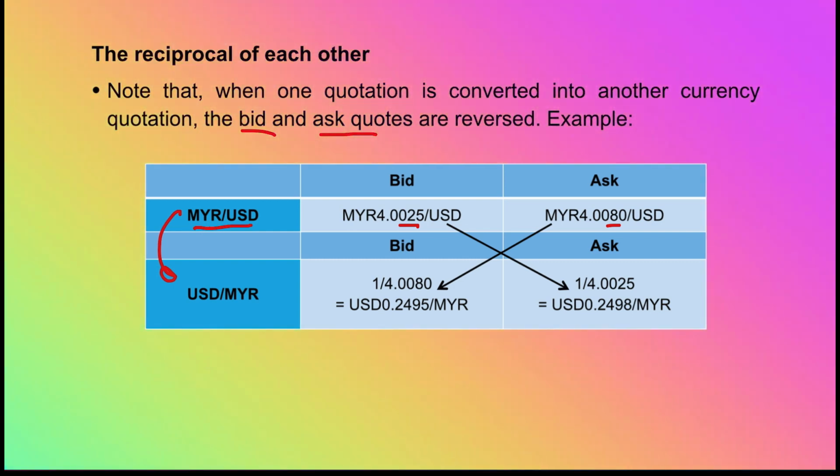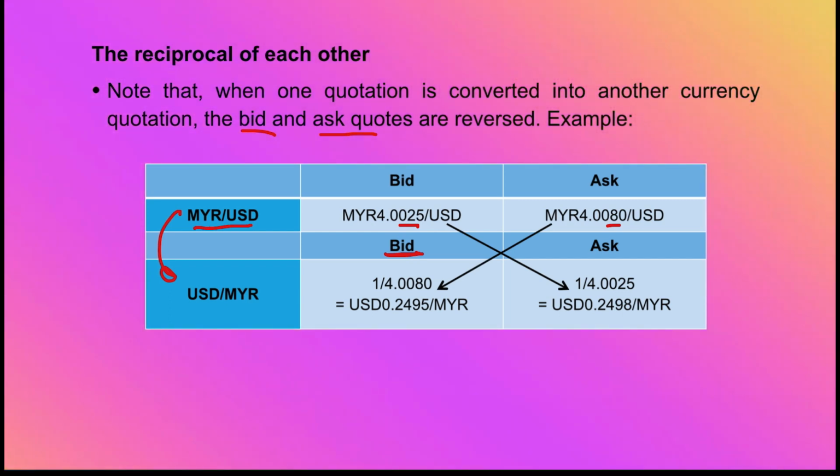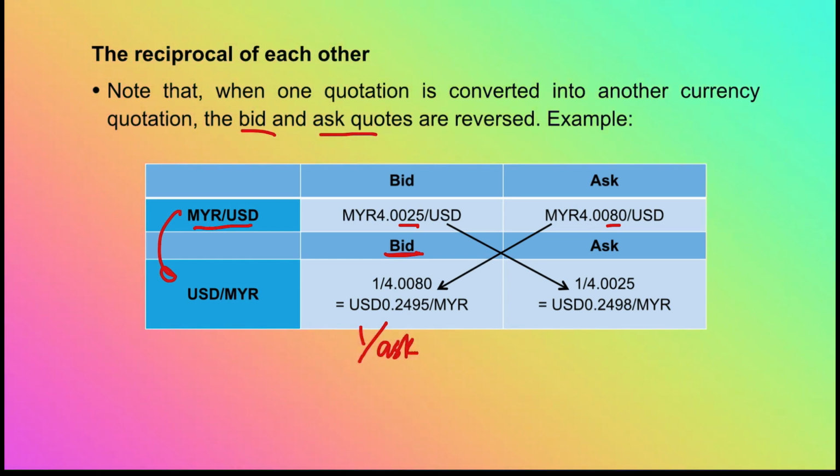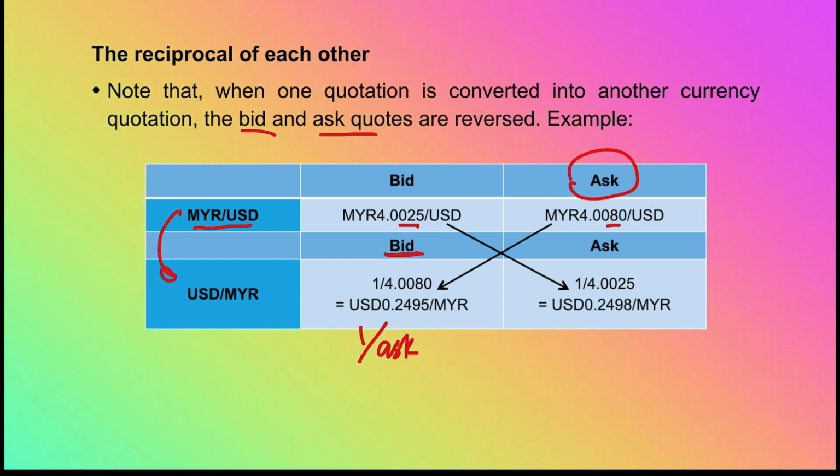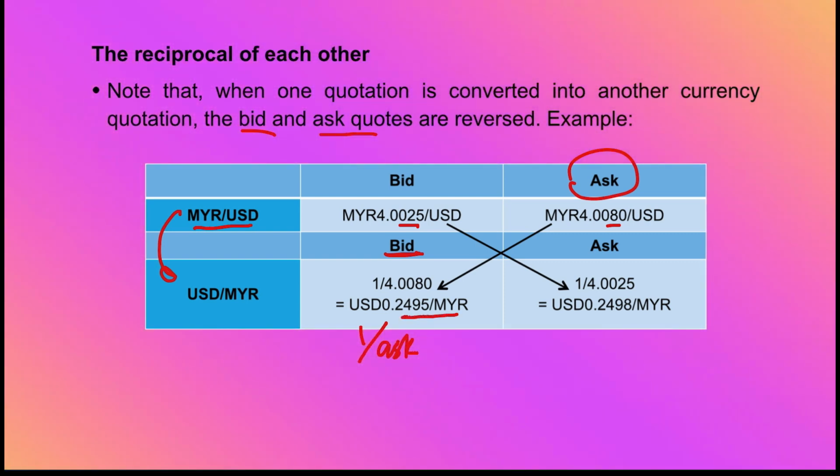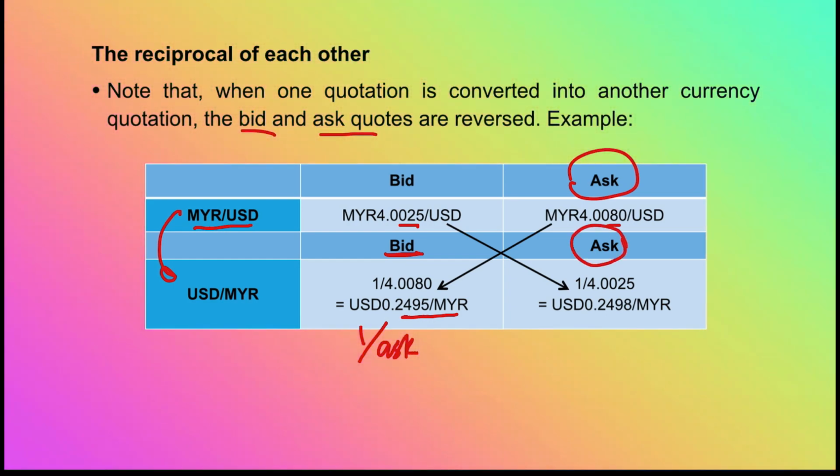So to get the bid rate for US dollar per Malaysia Ringgit, you have to calculate 1 over the ask rate of the previous one. So 1 divided by 4.0080, you will get US dollar 0.2495 per Malaysia Ringgit.